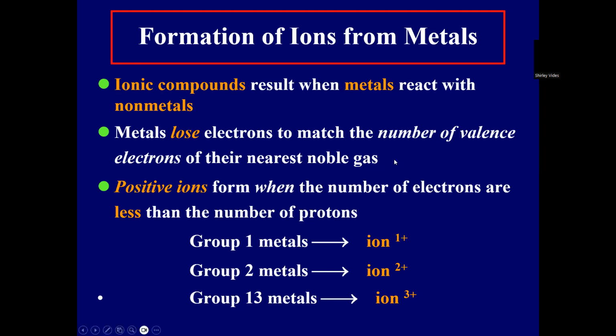So they're going to form positive ions, and you notice that the group number kind of determines the ion charge. So if you're a group 1 metal, you're going to form a 1 plus. If you're a group 2, you're going to form a 2 plus. And this says 13, but 13 is also 3A. So again, a 3 plus.